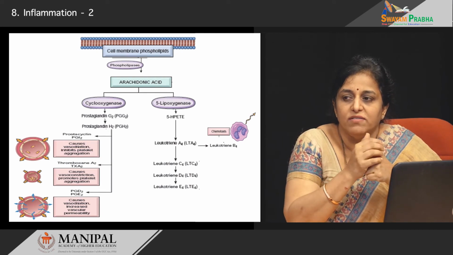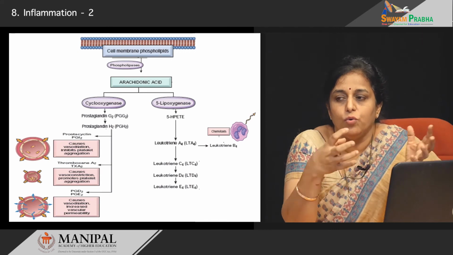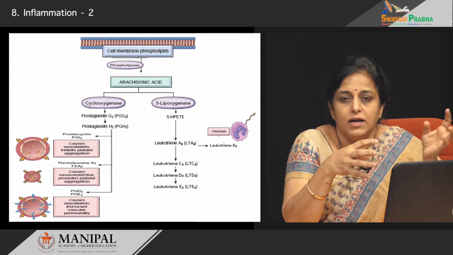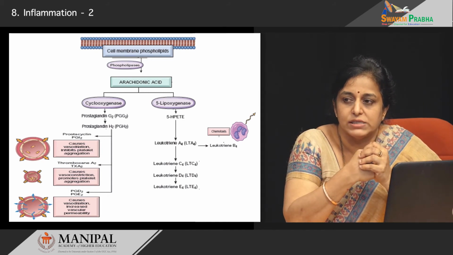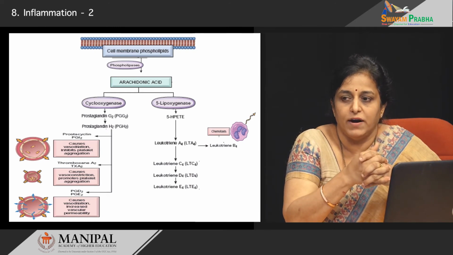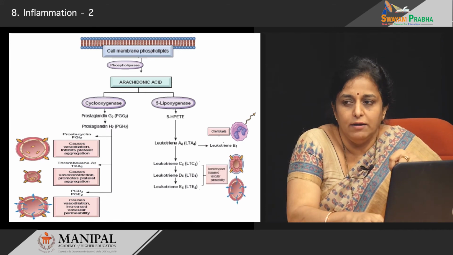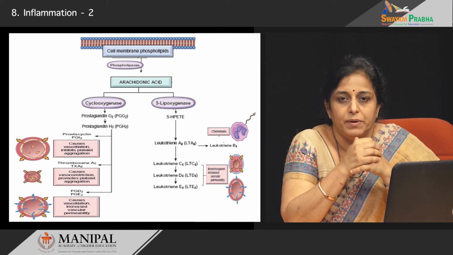Now, B4 you can see here is a very potent chemotactic factor. It attracts leukocytes towards it. Once it starts producing leukotrienes, it gets more and more leukocytes to the site because it's chemotactic to leukocytes. So, leukotriene B4 is a very potent chemotactic factor. Leukotriene C4, D4 and E4 bring about bronchoconstriction and also increase vascular permeability.